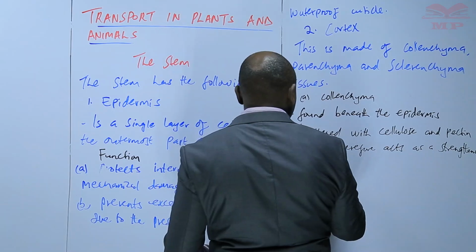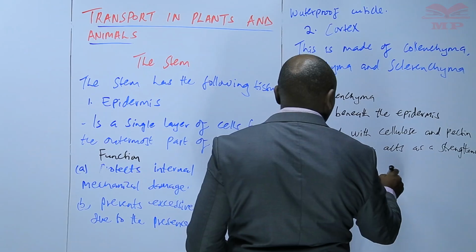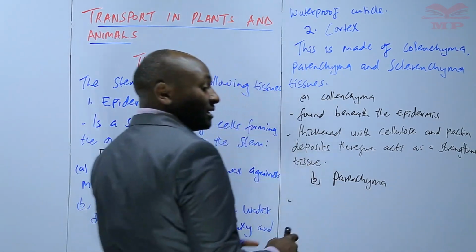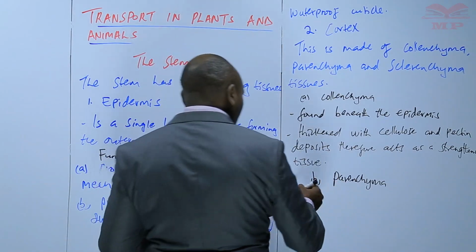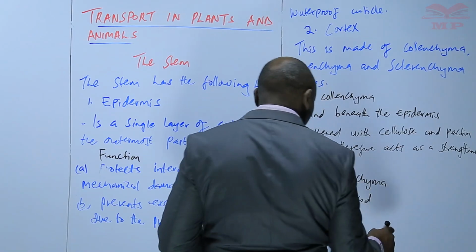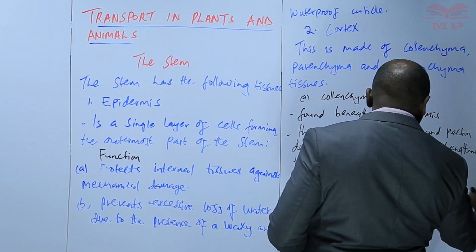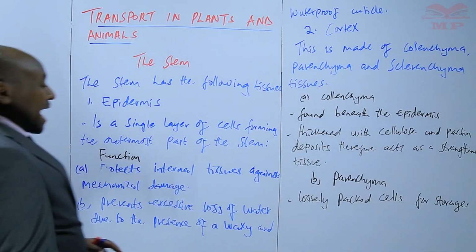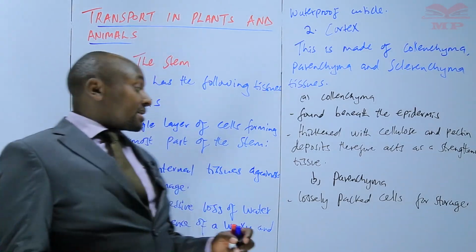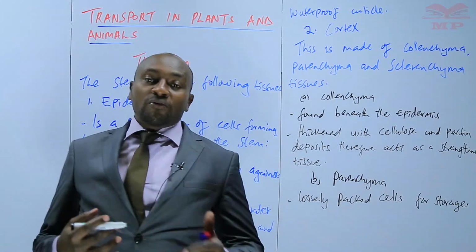Then you go to the next layer, that is the parenchyma. That's just underneath the collenchyma. The parenchyma, just like we saw it in the root, is made up of loosely packed cells for storage. So this one is mainly for storage. However, it has another function in that when the parenchyma cells gain water and they become turgid, they also provide support.